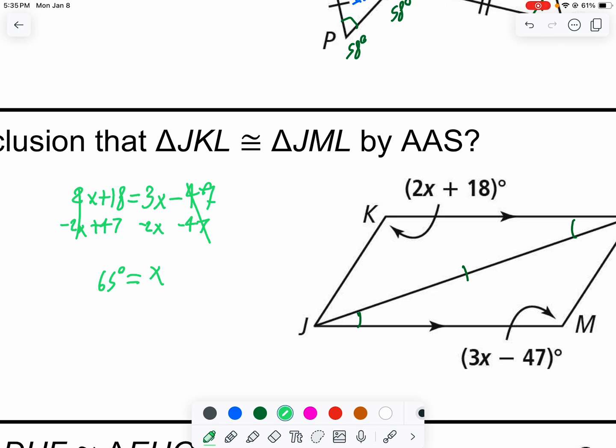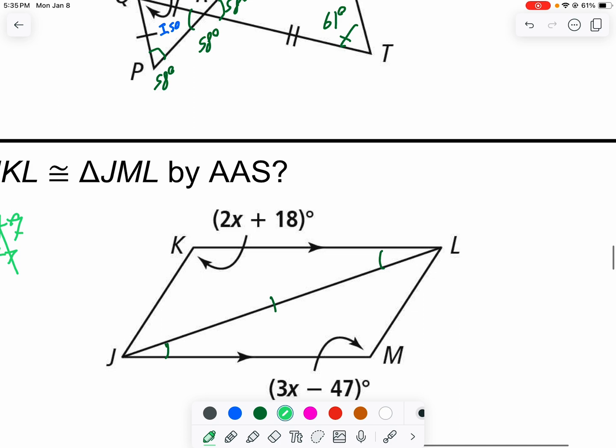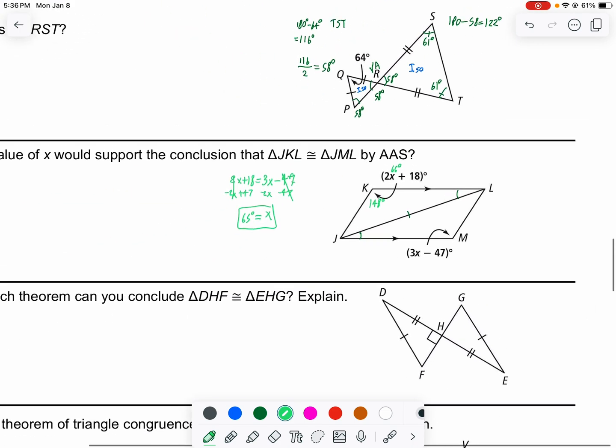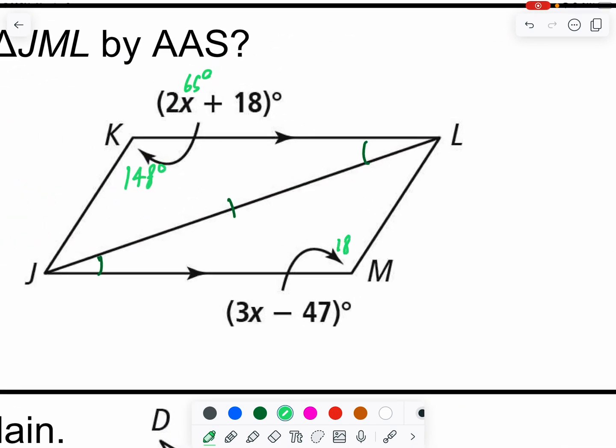So what does x have to be? x has to be 65 degrees. And since we can find the measure of these angles, we might as well do it. If x is 65 degrees, 2x is 130, plus 18 is 148 degrees. That means that's 148, and this is 148 degrees as well.